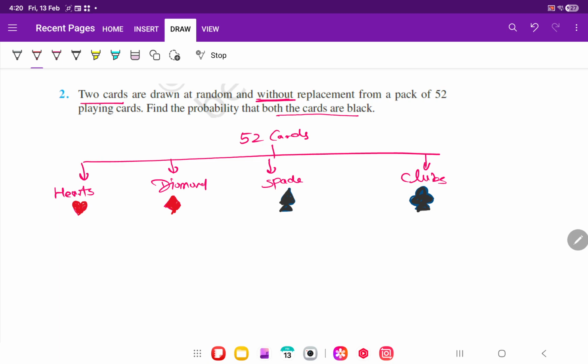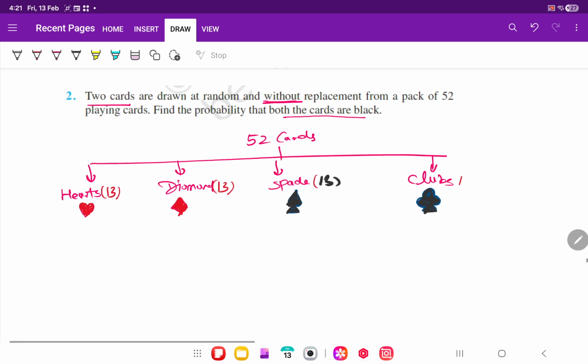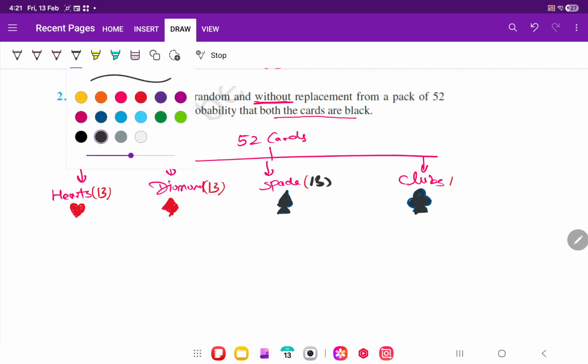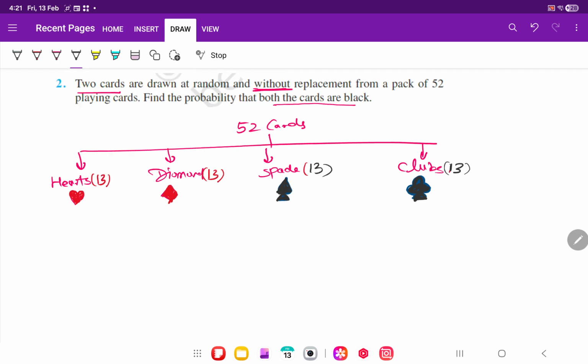These are 4 shapes: hearts, diamonds, spades and clubs. There are 13 hearts which are red, 13 diamonds which are red, there are 13 spades which are black, and 13 clubs. All are 13, 13, 13.